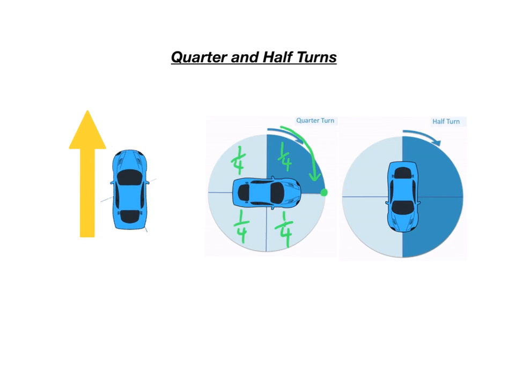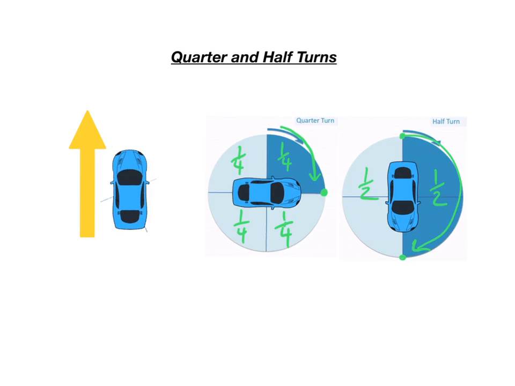If we go back to the start, we can see that our car is facing straight ahead. If we want to perform a half turn, then what we are doing is we are moving halfway around the circle. So let's have a look. We have one half here, and we have another half over here. If we start at the very top, we can see that the car turns around halfway around the circle.